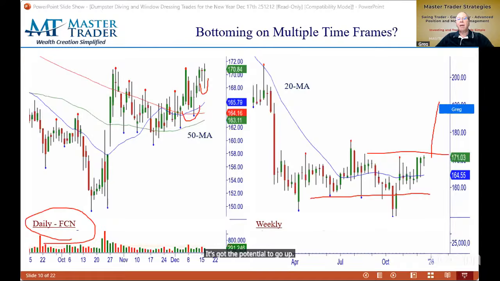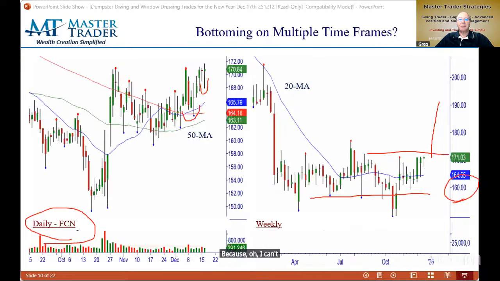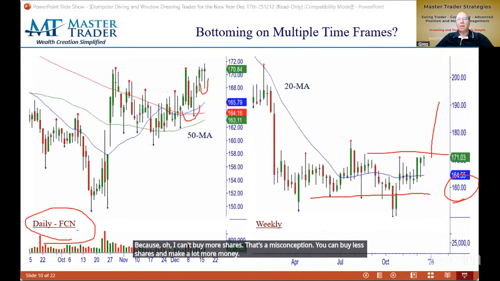And you know what I like about it, which maybe you do or you don't, because a lot of traders don't like these stocks that are higher priced because, oh, I can't buy more shares. That's a misconception. You can buy fewer shares and make a lot more money because it's going to go up points and points.